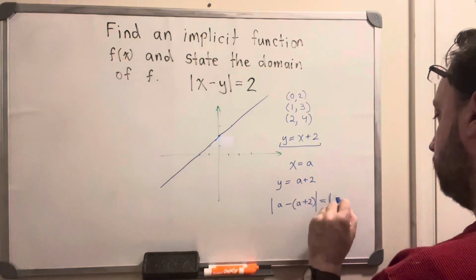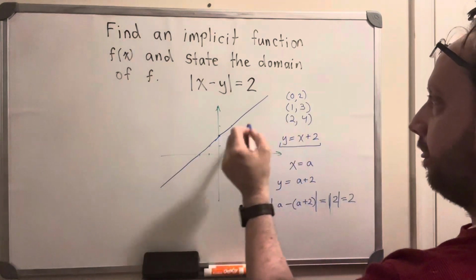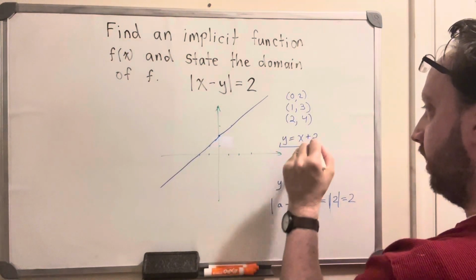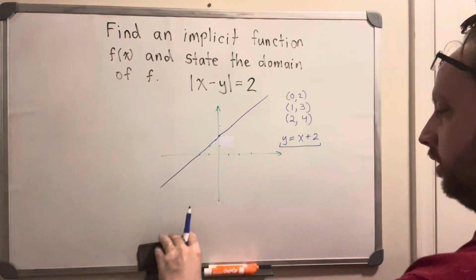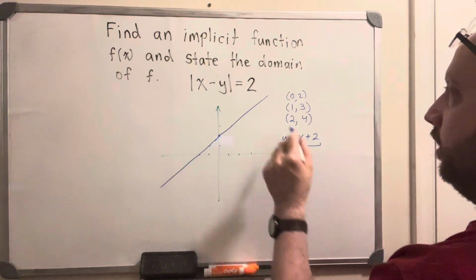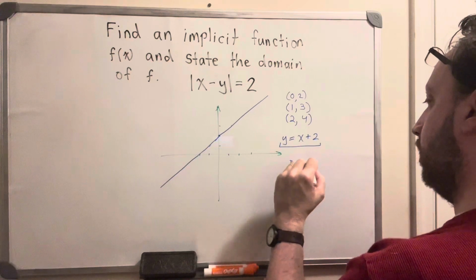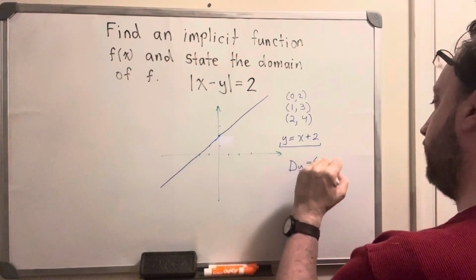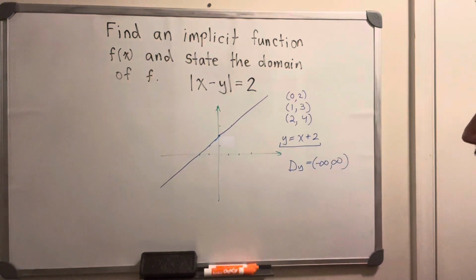The absolute value is 2. So this function y equals x plus 2 appears to be one function where this is true. The domain of y appears to be negative infinity to infinity. That's just one possible implicit function where this is true.